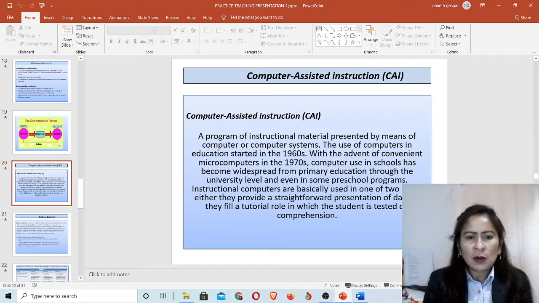Computer use in school has become widespread from primary education through the university level and even in some preschool programs. Instructional computers are basically used in one of two ways. Either they provide a straightforward presentation of data, or they fill a tutorial role in which the student is tested on comprehension. These are the computer-assisted instruction.